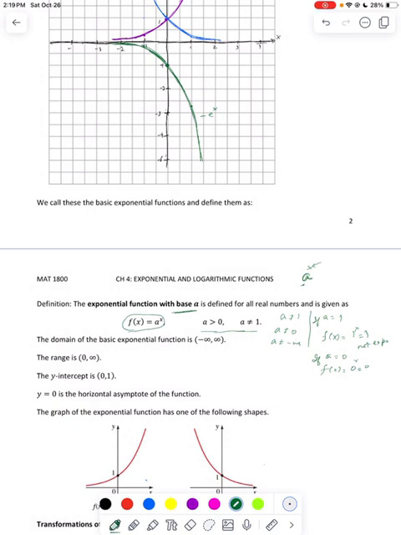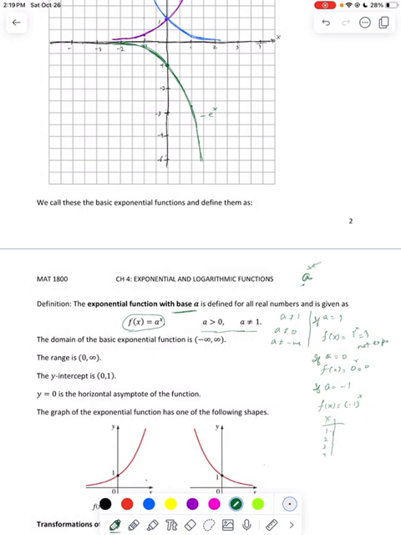And what if a is negative? Let's say a is -1. Your function becomes f of x equals -1 raised to the power x. If you make a table of values, 1, 2, 3, 4, and so on, we just want to show that it doesn't work.